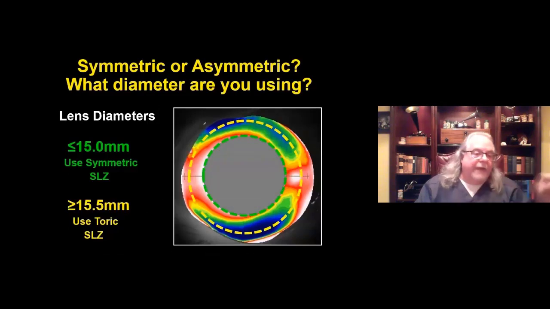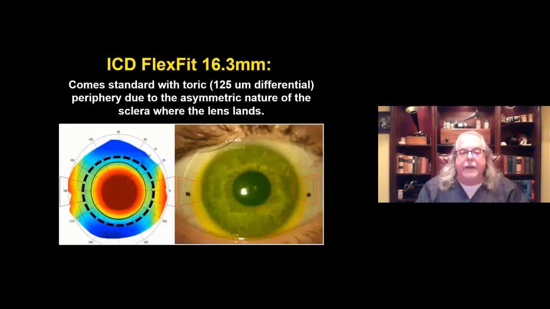So that is not the case with the larger diameter lenses. Those very frequently need to incorporate a toric periphery. And that is why the standard is the 125 micron differential that we see right here.